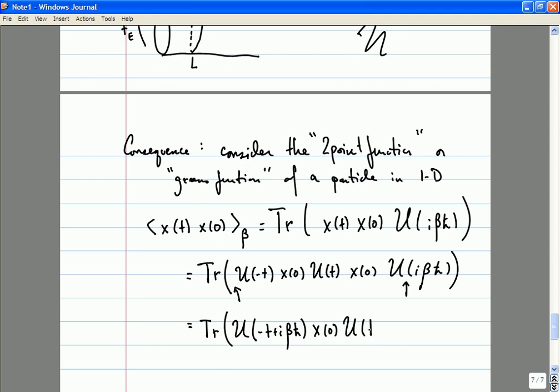And in order to make this expression here look a little nicer, I'm going to write u of t in a funny way. I'm going to write it as u of t minus I beta h bar times u of I beta h bar. Okay, I haven't done anything there. I've just rewritten u of t times x of 0.